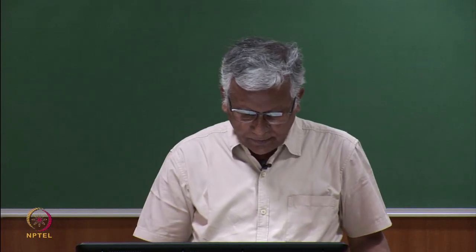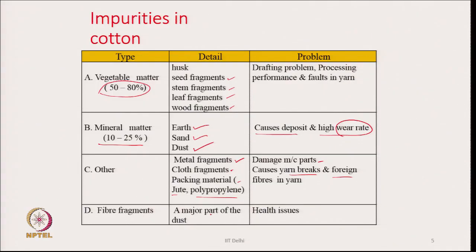The other things are fiber fragments. A major part of the dust is basically fiber fragments. These are micron level dust, and this dust is a source of health related issues.